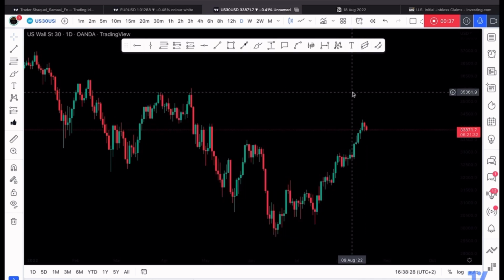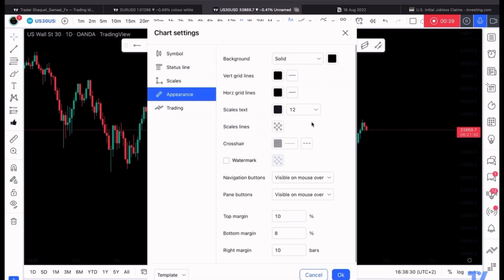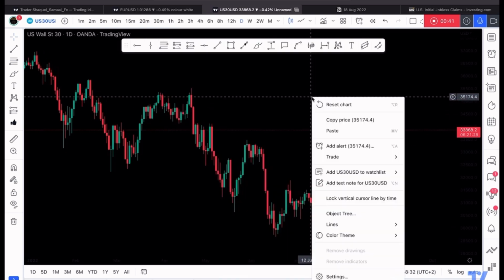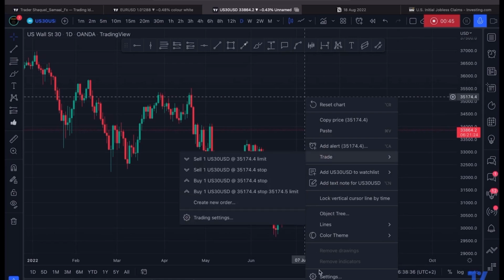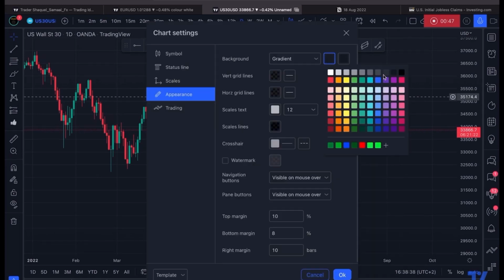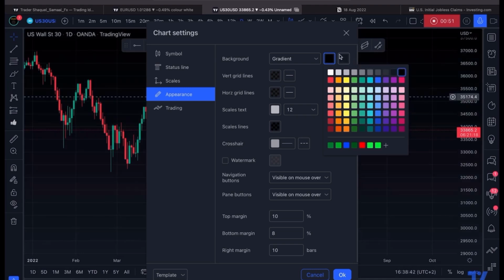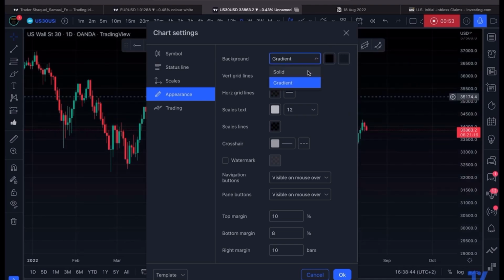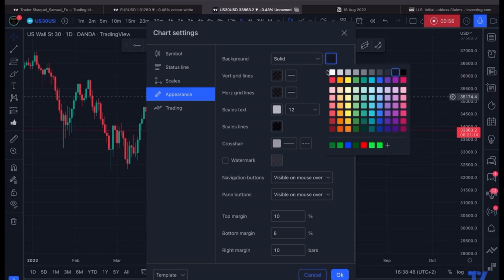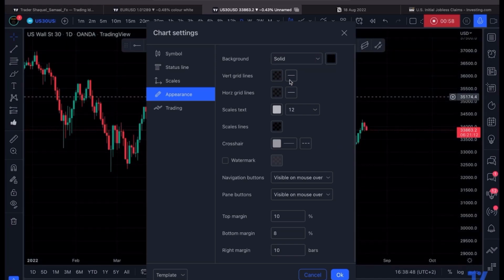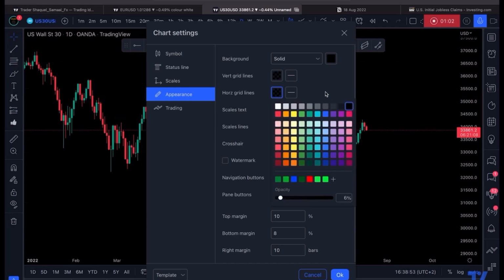However, what you can do is right click again, or you can just do this. Look here, let me show you something. Right click, darkness, and then it will look like this, okay? And then you can just go to settings and make this dark like that, right? Make it solid, dark, black, and the grids black, okay?